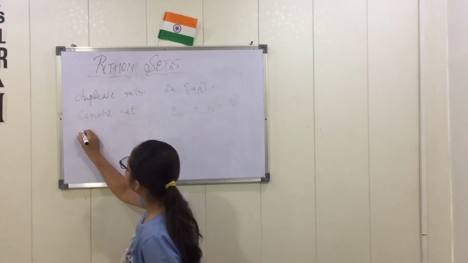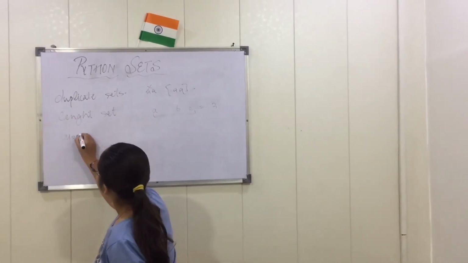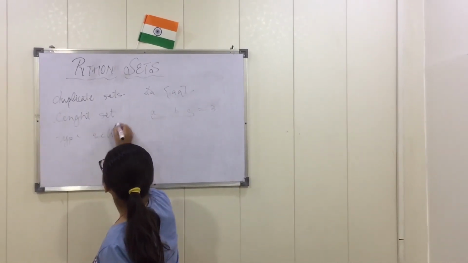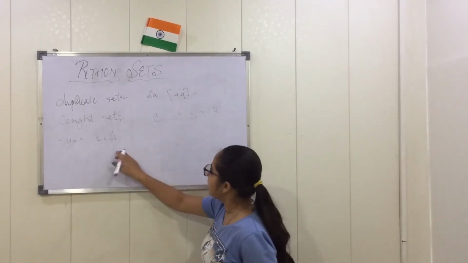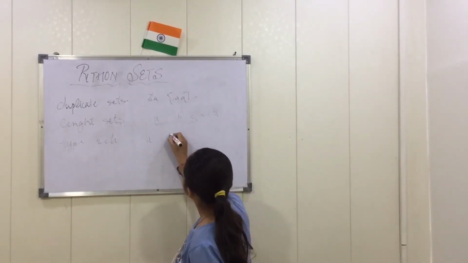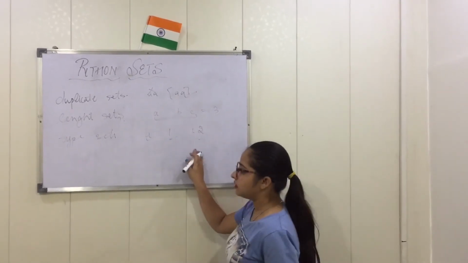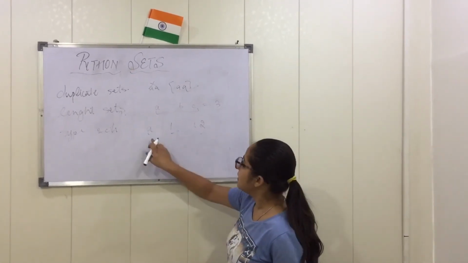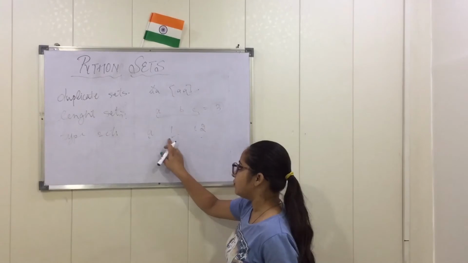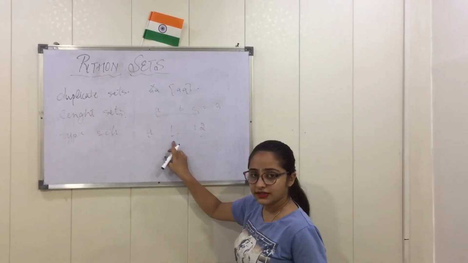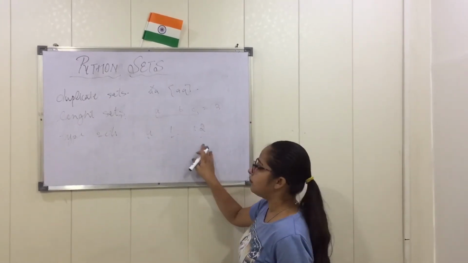Another one is type sets. Regarding types, I have written A, 1 and 1.2. So these three have different types: A is a string, 1 is a number, that is an integer, and 1.2 is the float type.